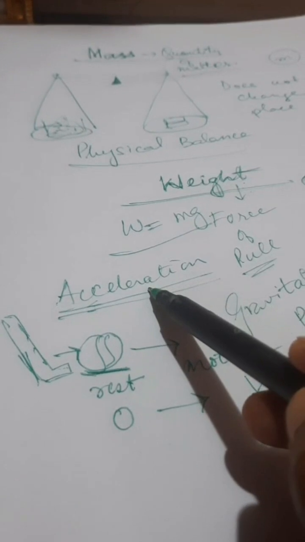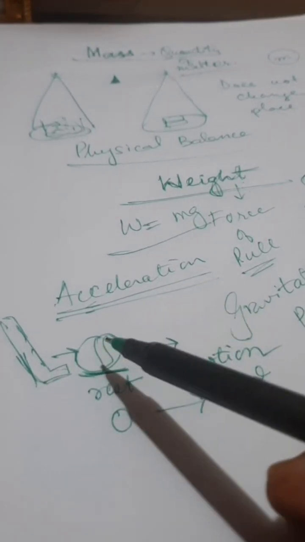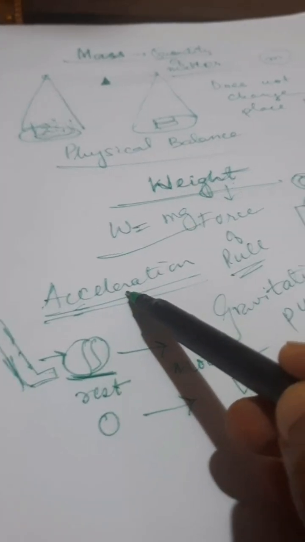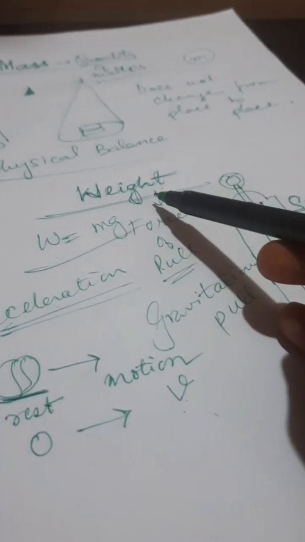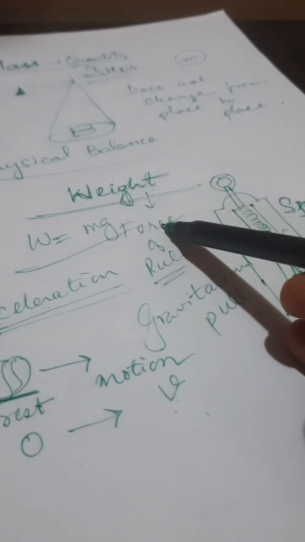This change of velocity per unit time, that means the rate of change of velocity, is called acceleration. So whenever there is a force on any object, the object has an acceleration. Now in the preliminary stage, I told you weight is also a force.